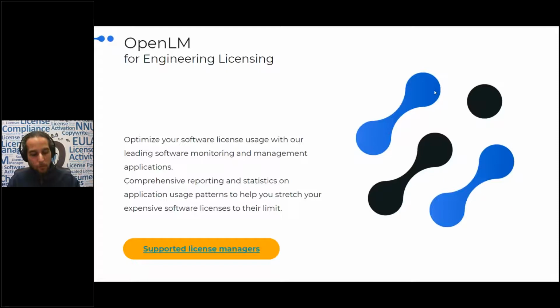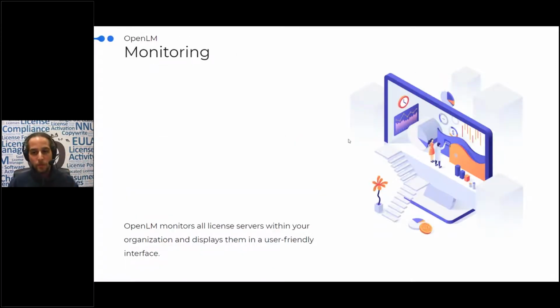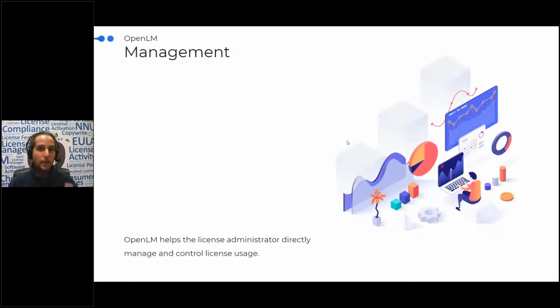Now, all the usage information, licensing information, expiry, just everything that you can think of in your licensing system is gathered and inputted into the OpenLM. So basically, it allows you to, first of all, monitor your whole system, but it also allows to manage a little bit.